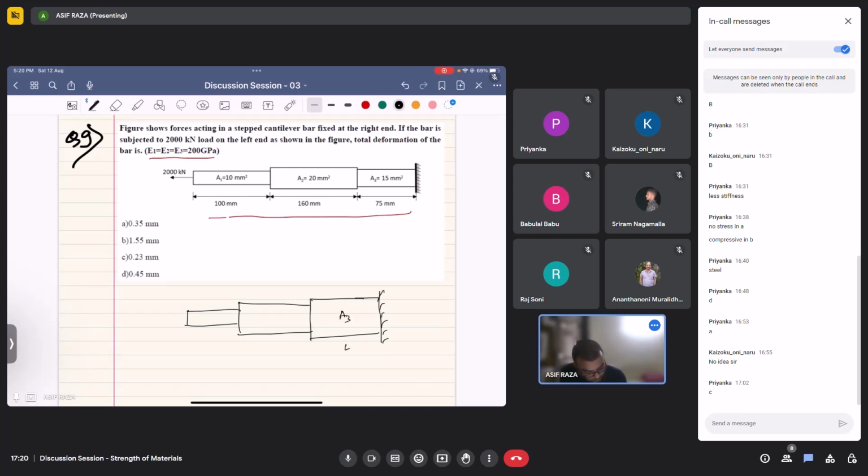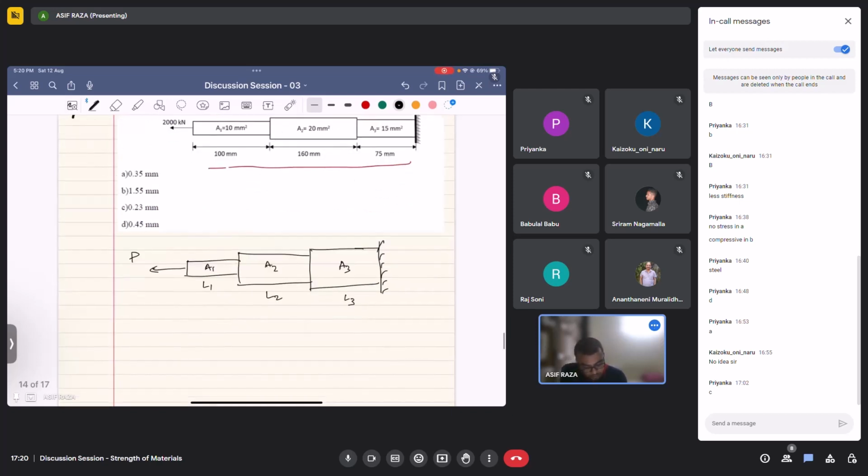A3, L3, A2, L2, A1, L1, and we are given the load P, say, and E1, E2, E3.